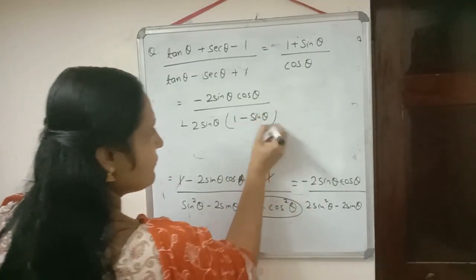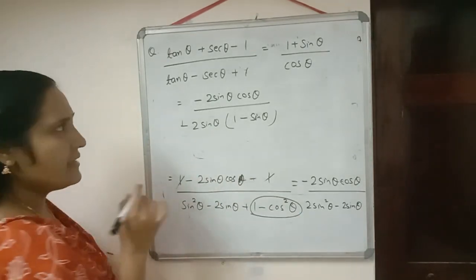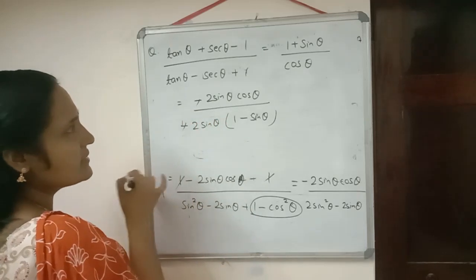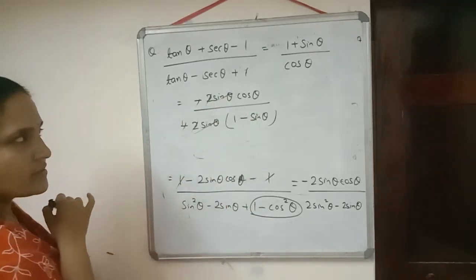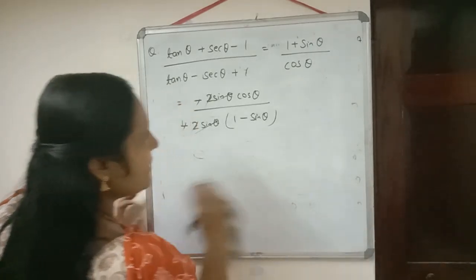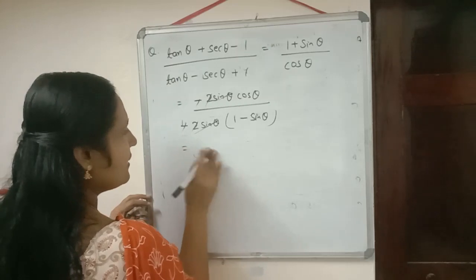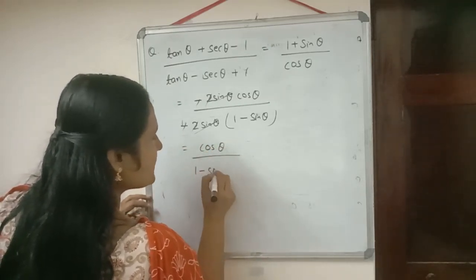So we will get 1 minus sin theta, just to cancel that negative sign. So minus and minus cancelled, 2 and 2 cancelled, sin theta and sin theta also cancelled. What is remaining with us? Cos theta by 1 minus sin theta. Did we get the proof?